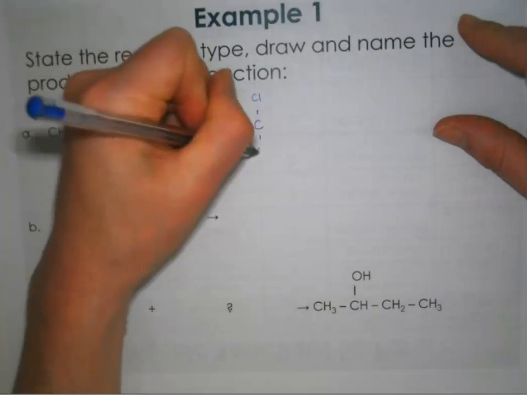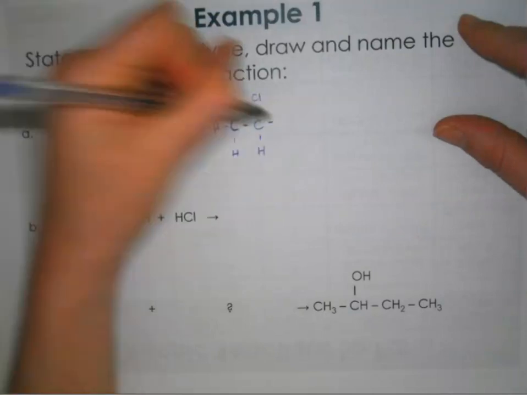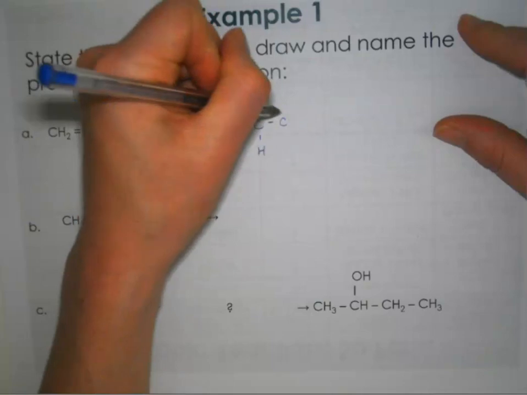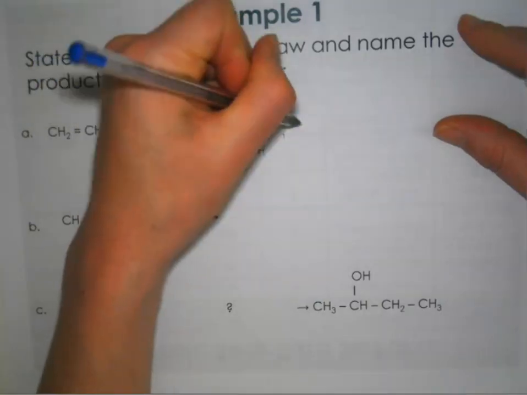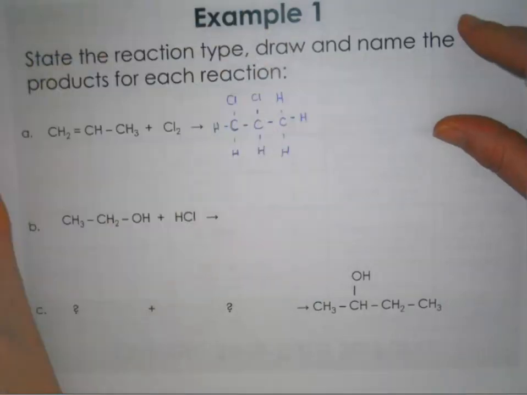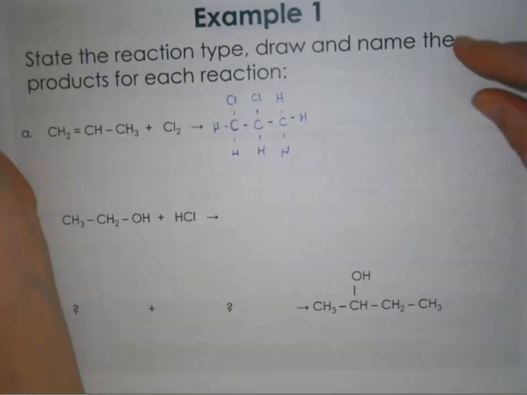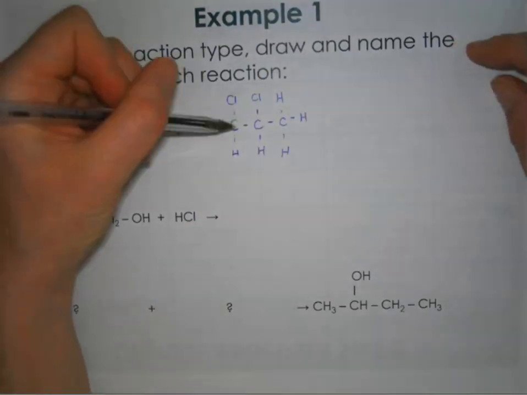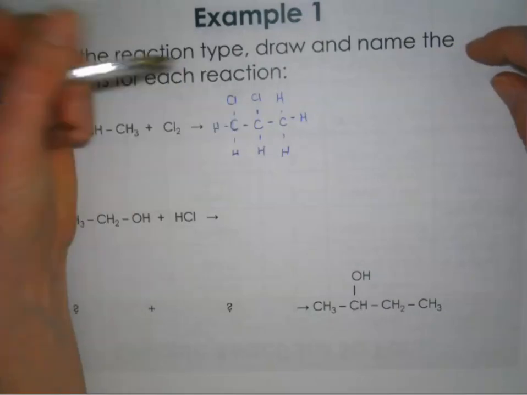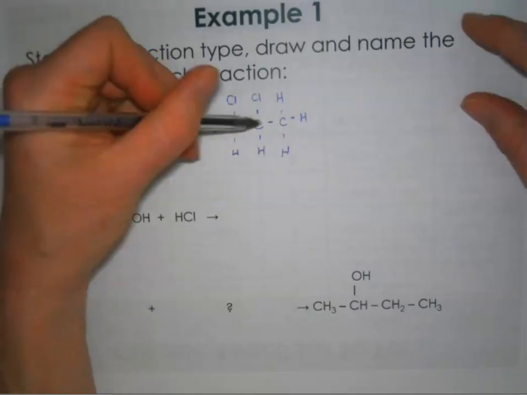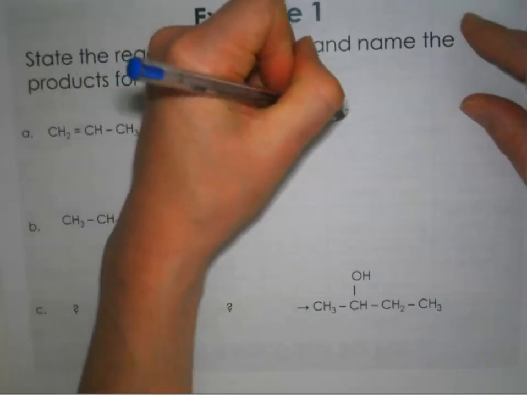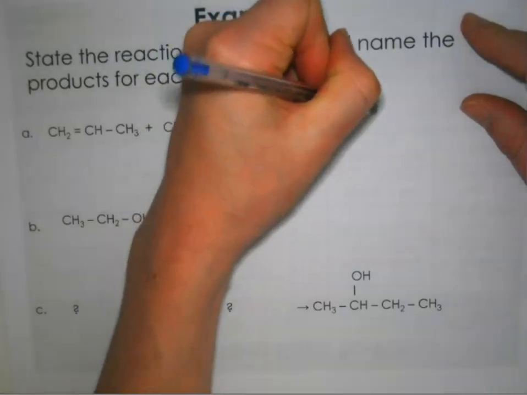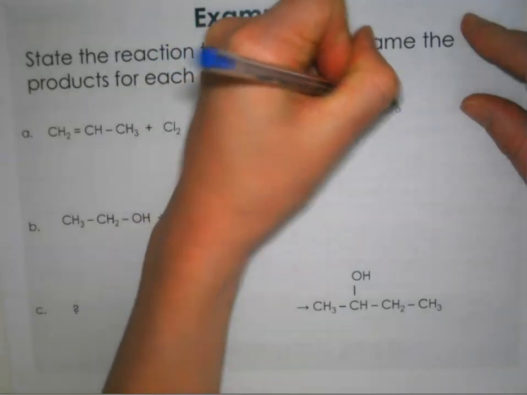It's going to have a hydrogen still attached, and then it's still going to have the bond to the CH3 at the end. So we end up with this single product. So naming the product, we would say that we have 1,2-dichloropropane.